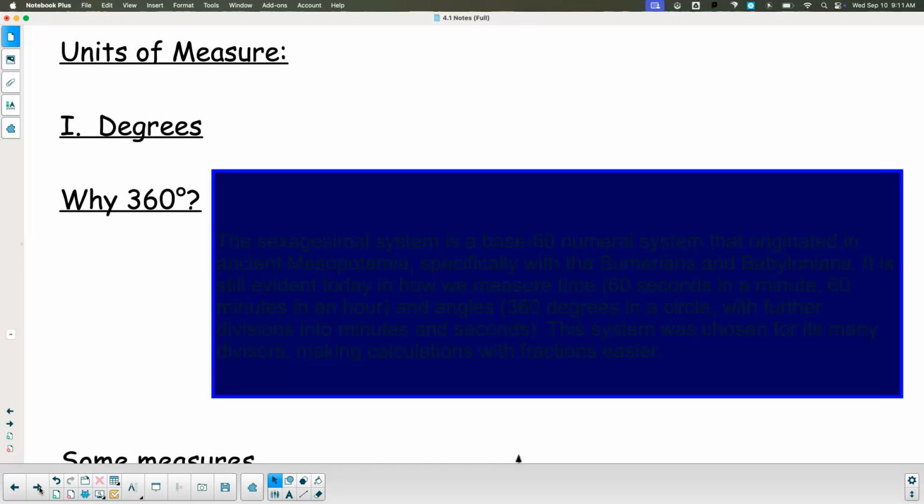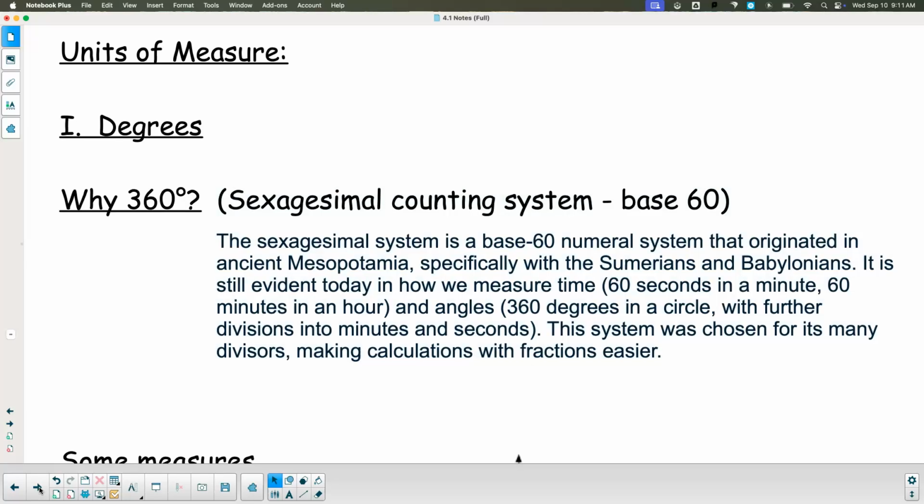It was developed way back in Mesopotamia, in the countries now of Iran and Iraq, the Mesopotamian basin. The Sumerians and the Babylonians said 60 is a pretty cool number because 60 can be broken up into so many different parts.